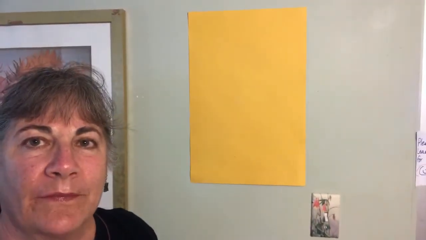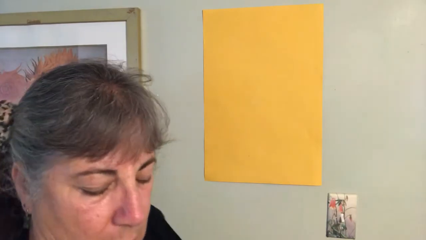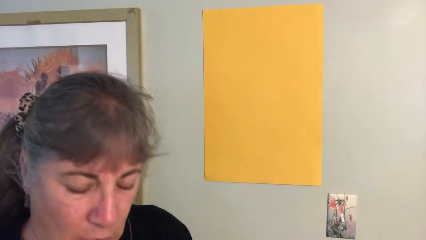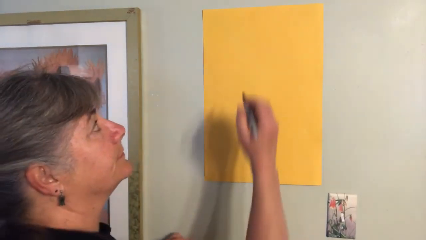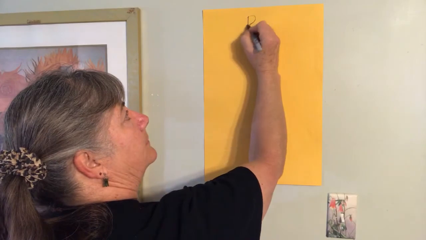So let's go ahead and let's create one. This paragraph that we're going to do today is going to be a paragraph that maybe a 1st grade or 2nd grader might create. So let's call this Pets.